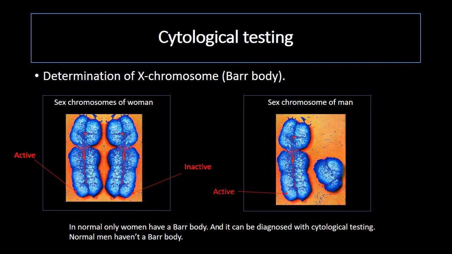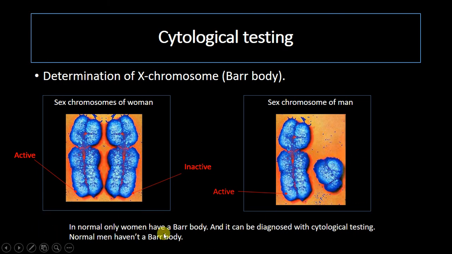So we can see the Barr body, the inactive X chromosome, only in women with the normal genotype. In the normal man there is no inactive X chromosome or Barr body. Men have only an active X chromosome and Y chromosome.